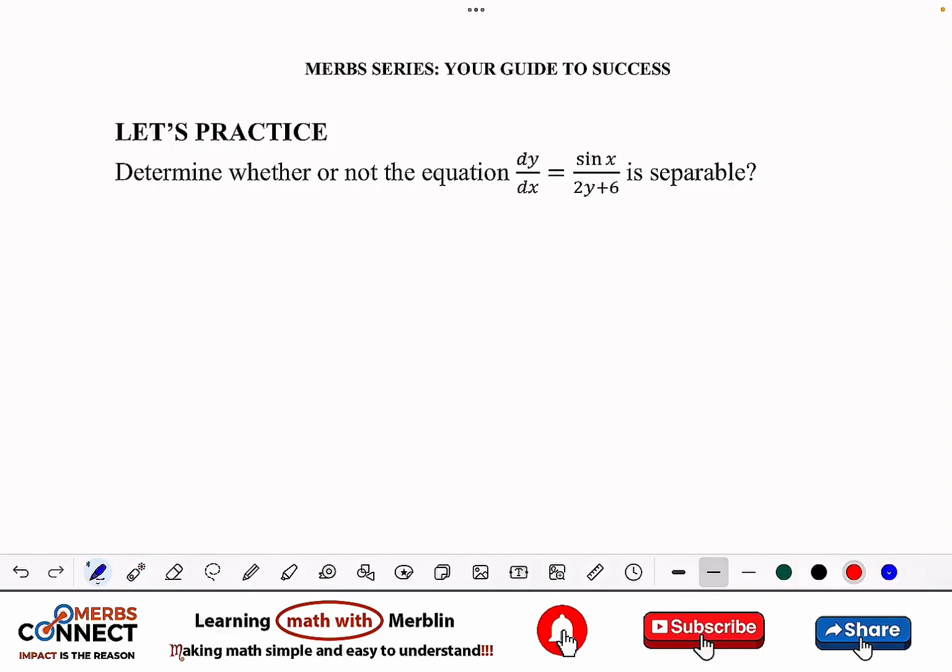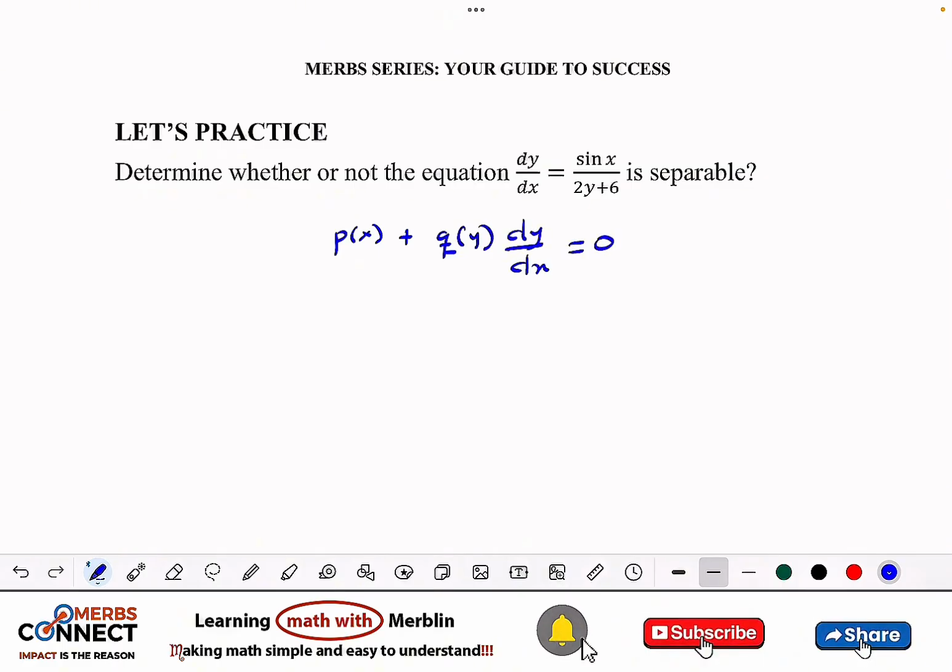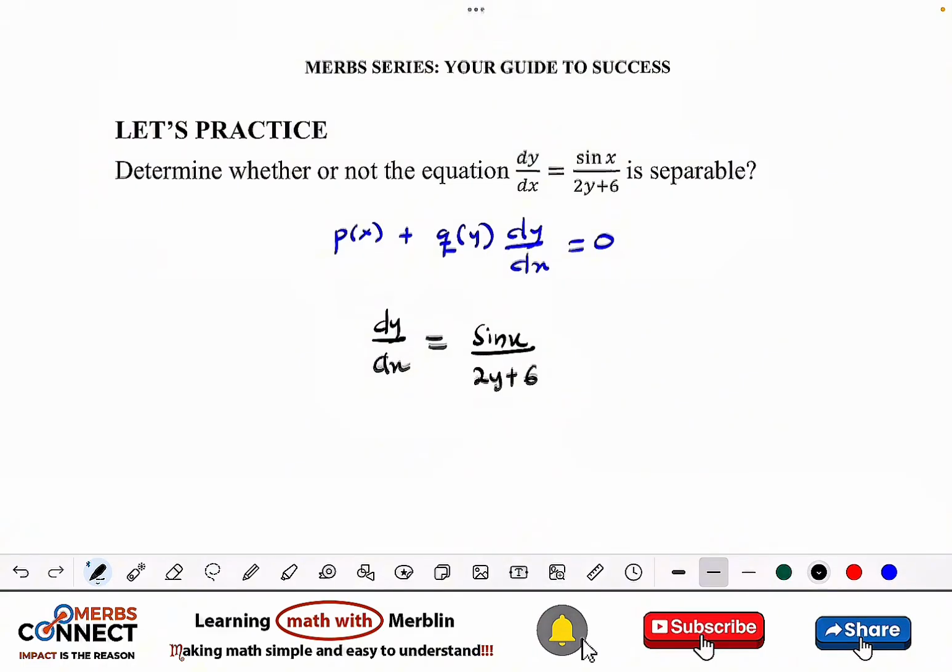We want to write it in the form of a function in terms of x plus another function in terms of y, times dy over dx, equal to 0. So let's write this and see if we can do that. dy over dx is equal to sine x divided by 2y plus 6.